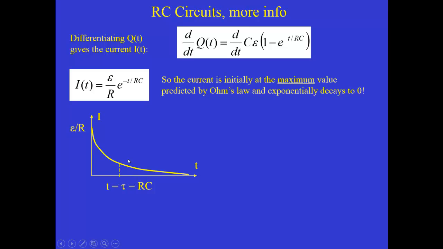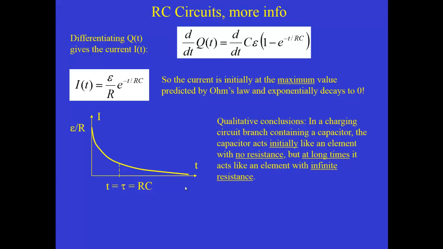And we can see again, at a time t equals tau, or RC, we can see that the current has fallen significantly from its initial value, and it's well on its way toward the final value of zero. But I wanted to emphasize this because it shows us something very important qualitatively.